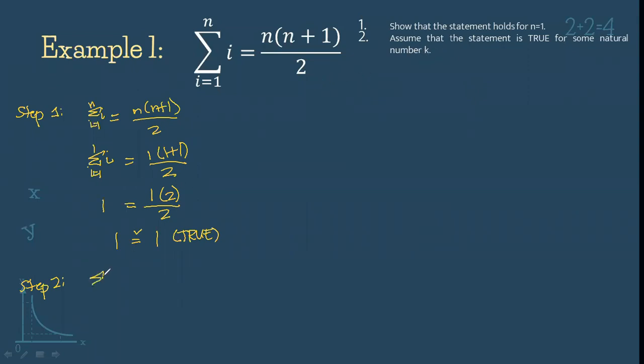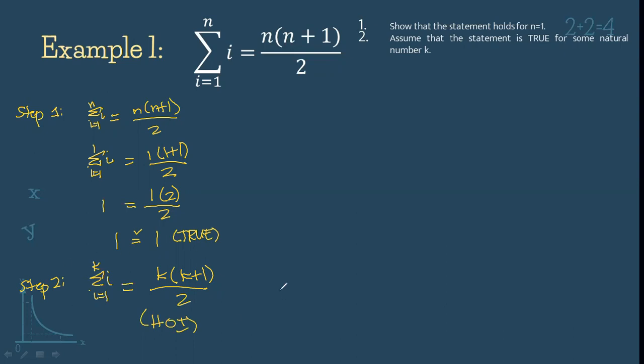So we have the summation of i, as i starts from 1 to k, is equal to, lahat po ng n gagawin natin k. So I have k times k plus 1 all over 2. So this is what we call the hypothesis of induction.